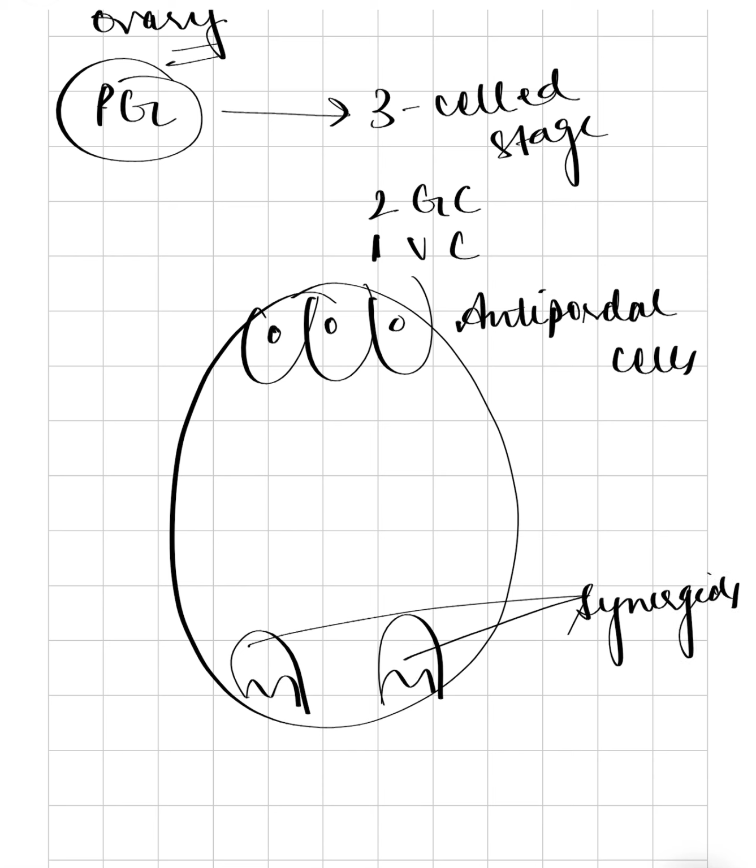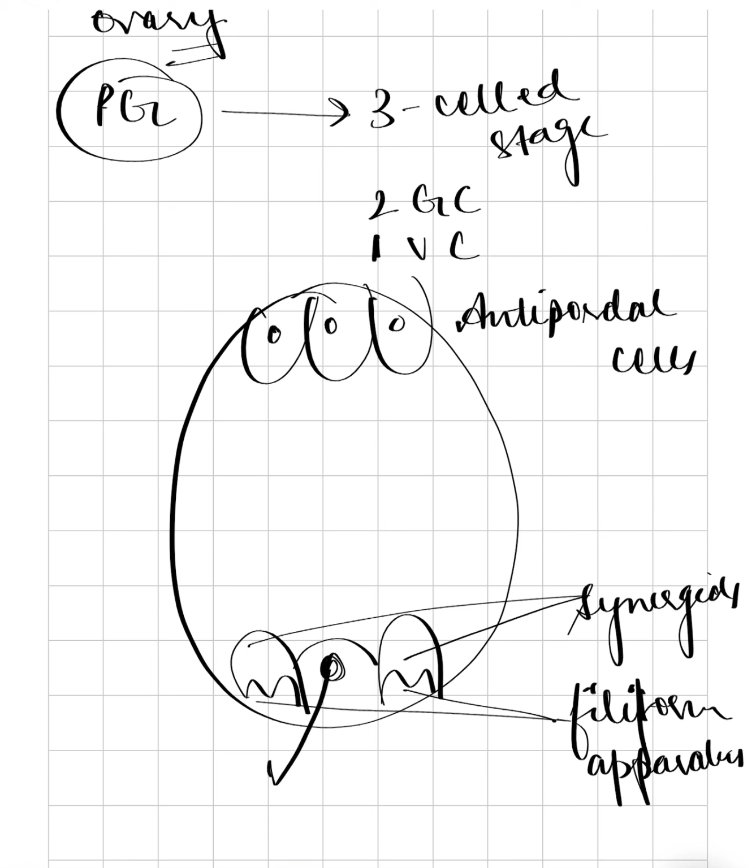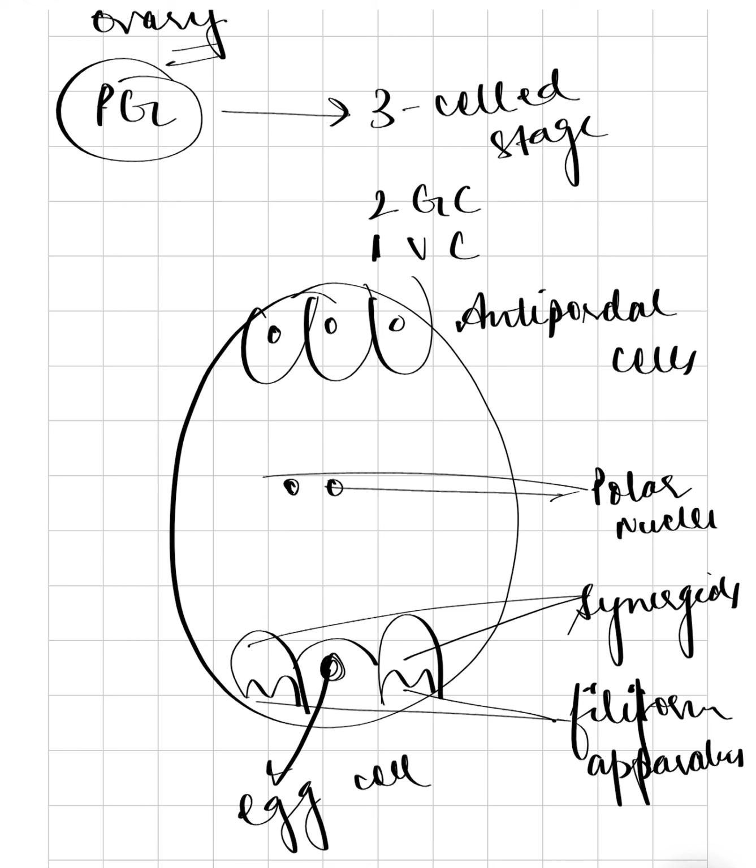Here we have filiform apparatus. Here we have egg cell, and in the middle we have 2 polar nuclei, and this entire cell is known as central cell.